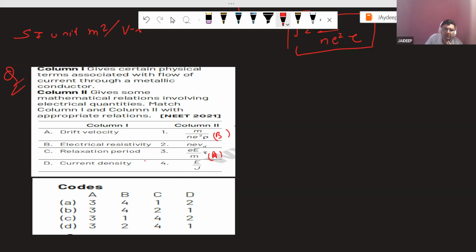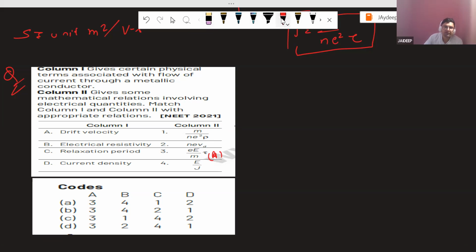Current density is... relaxation period. P is 1. Answer C is 1.